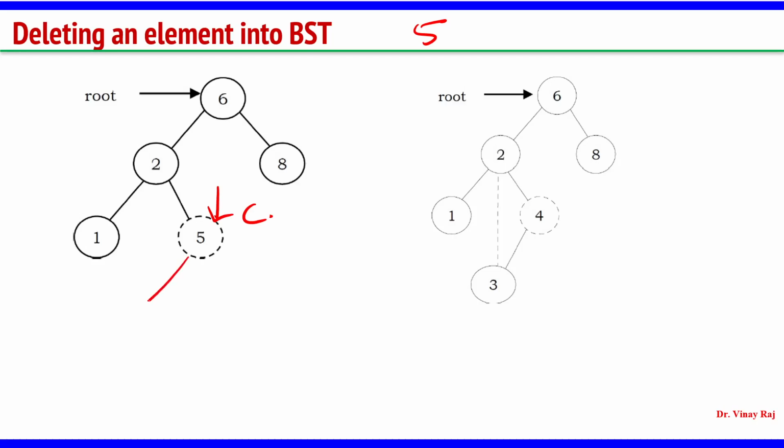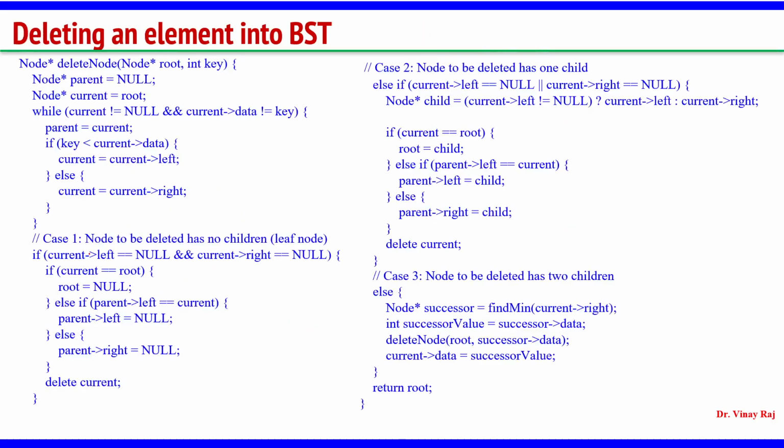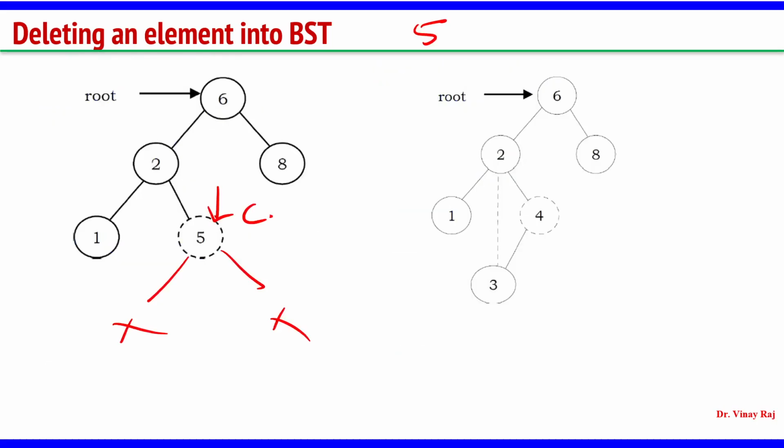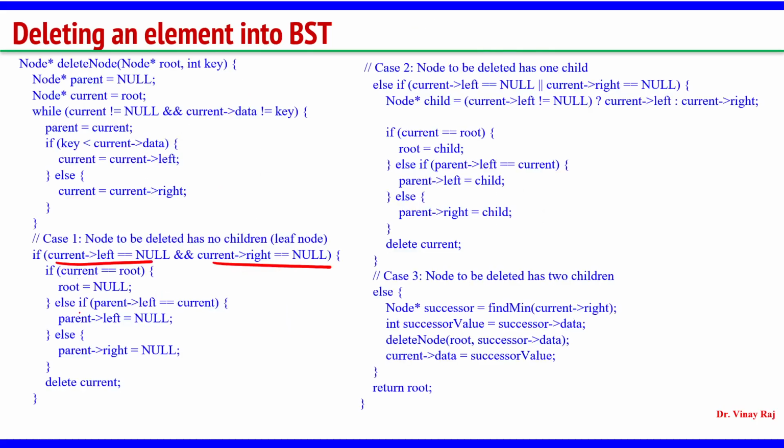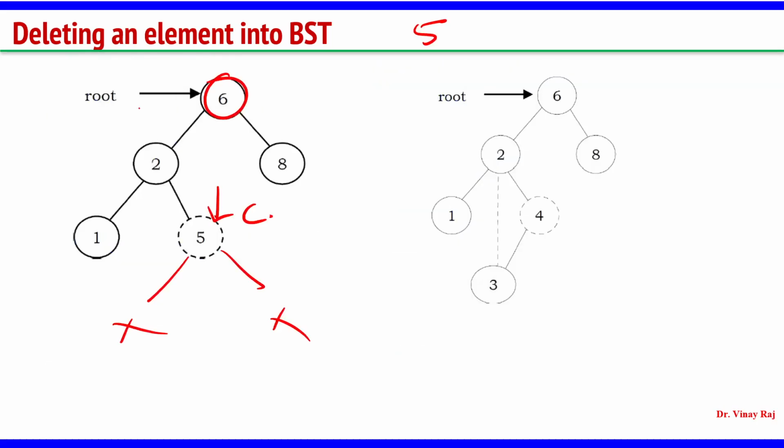Now, if current left and right both are nulls, then if current is equal to root, is this itself the root element? No, root is here. So that is not the root element. Then if parent left equal to current, so this will be my parent.